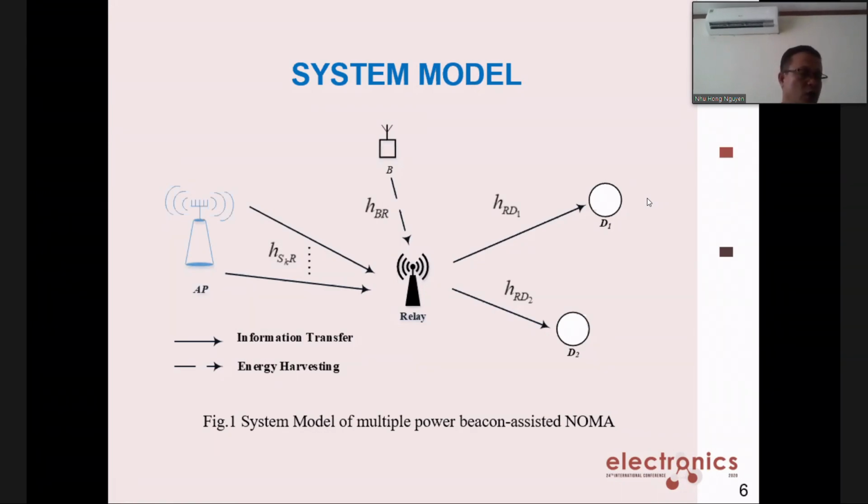In this model, Figure 1 shows the IoT system containing the AP access point, relay, user and beacon.